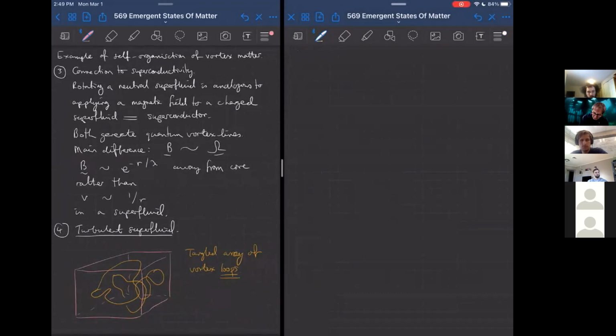So what I want to move on to now is the next topic, which is the excitations of helium-2, in particular the idea of quasi-particles. So this section is really on helium-2, its main properties, but in particular the idea of quasi-particles.